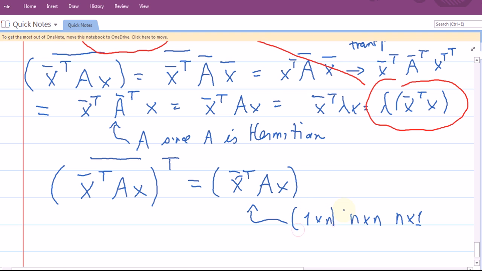So we have a 1 by n times n by n times n by 1. What size is that? Well, these dimensions match, these dimensions match. The result is going to be a 1 by 1 matrix. So it's just a number.